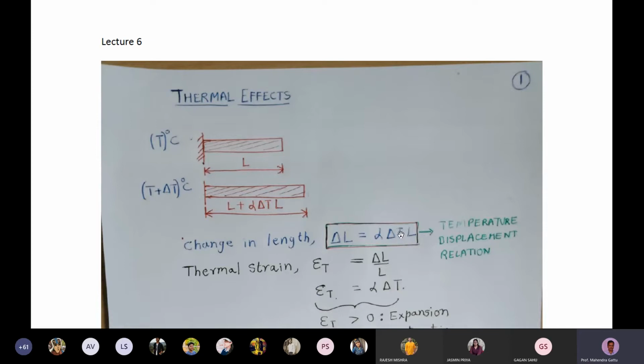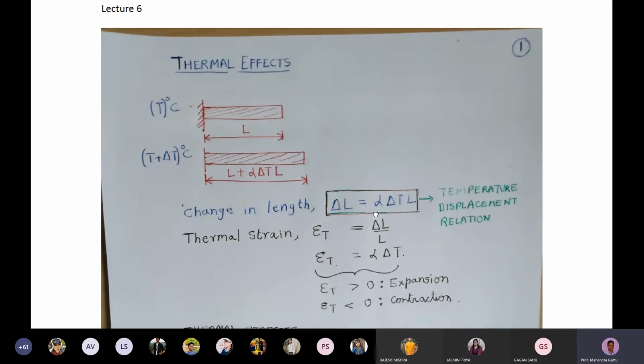Here delta L is the displacement of this point, and alpha is the coefficient of thermal expansion. Usually the coefficient of thermal expansion is positive. That means as the temperature rises, the length also will increase. As the temperature drops, the length will reduce.